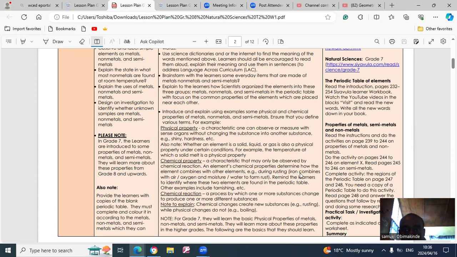So during rusting, iron combines with air, oxygen to be specific, right? And when you combine oxygen with iron, that forms a chemical product known as rust.